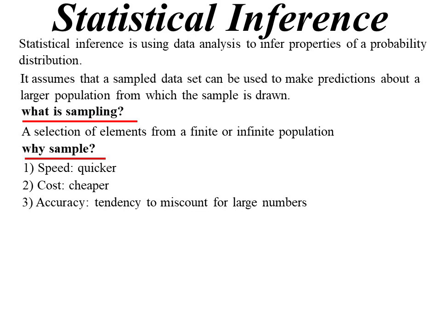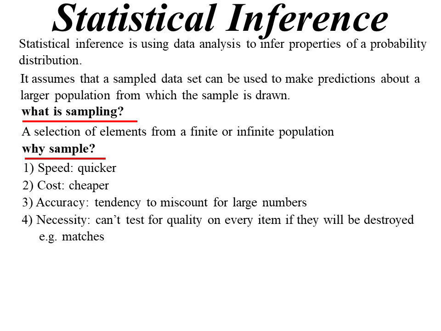If you go for large samples, or even the whole population for that matter, the more that you ask for, the more chance of a mistake happening. So accuracy is better when your samples are smaller. You can't have them too small, of course, otherwise you don't get good results. Necessity.